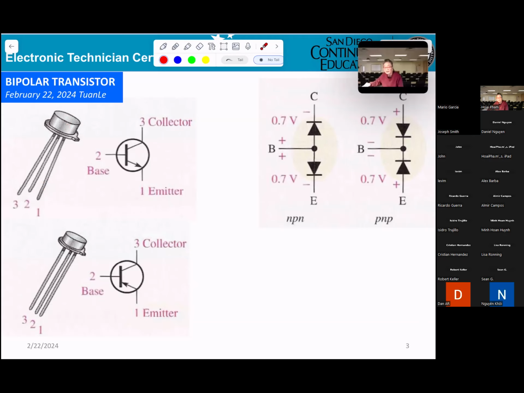When you're working on the left, you can see this IC, and one will be the emitter, in the middle will be the base. You said it's an IC, Professor.